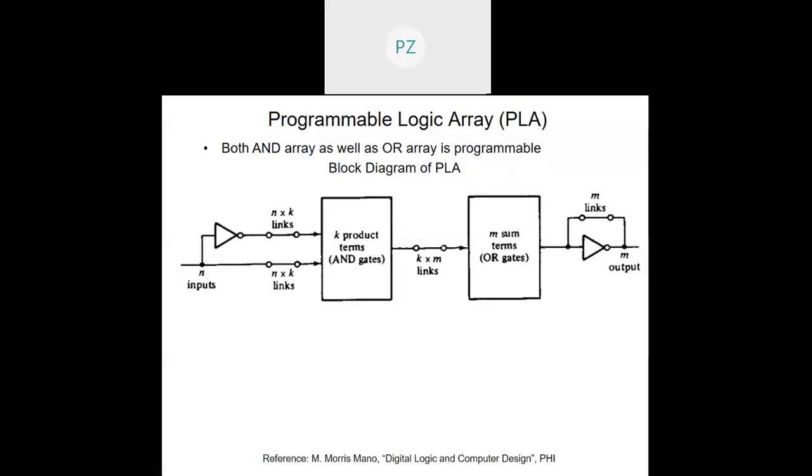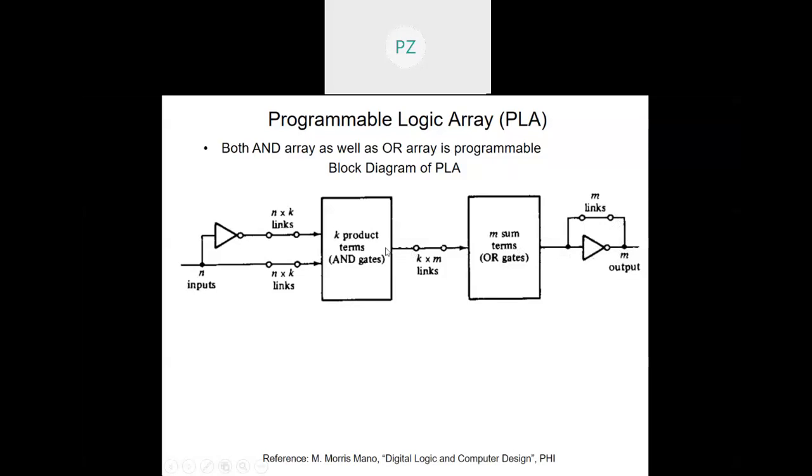When it comes to minimization, we will see whether f is going to give me a lesser number of product terms or f dash is going to give me a lesser number of product terms. Whichever gives me a lesser number of product terms, I'll use that. If I'm using f, I'll keep this link intact so that I get f here and that comes out. The inverter is bypassed.